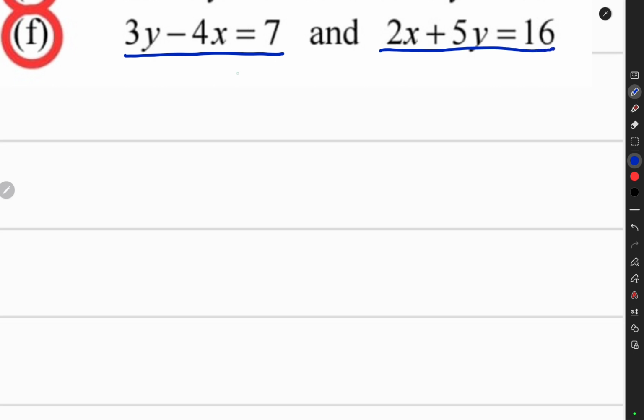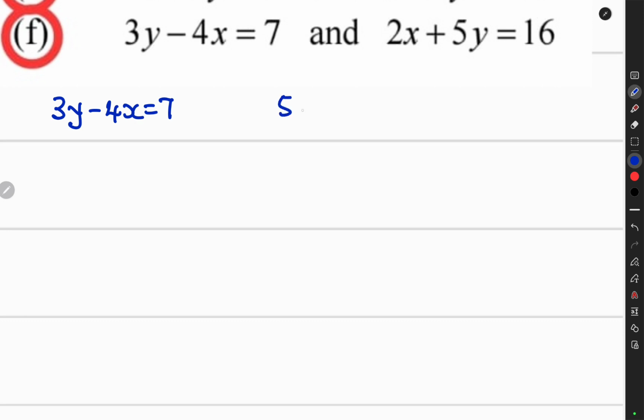Because they are not in the same order, you've got 3y minus 4x equals 7. You can rewrite the other one as 4y plus 2x equals 16.